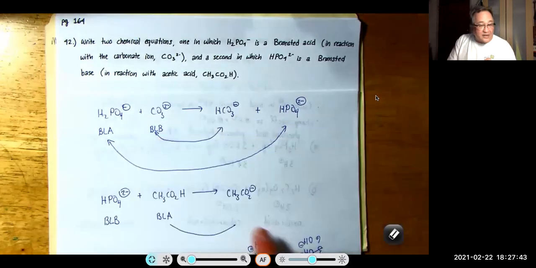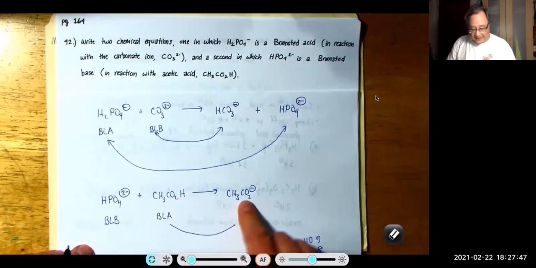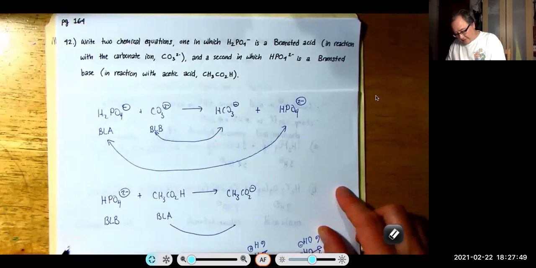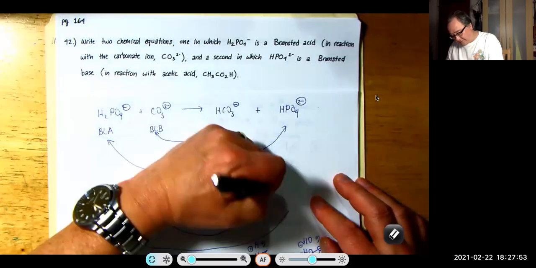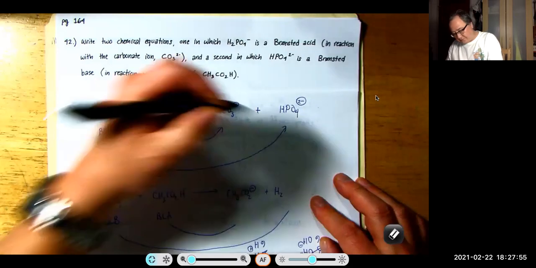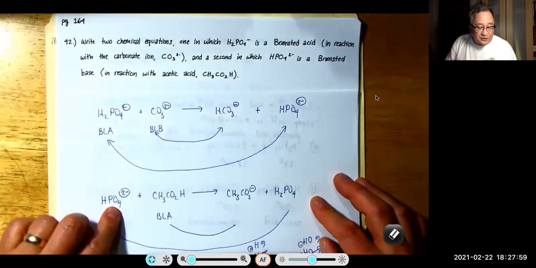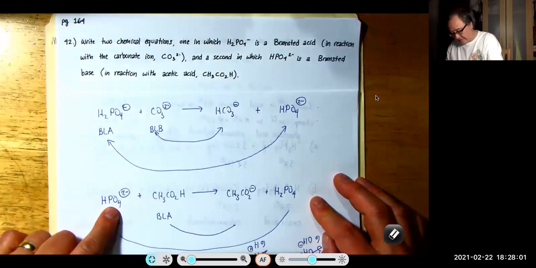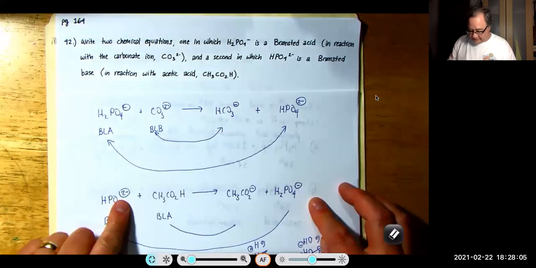And when it gives up that H plus, it becomes CH3CO2 minus, the acetate ion. This guy, on the other hand, is going to pick up that hydrogen. And it's not a hydrogen it's picking up, it's a hydrogen ion. So this is going to become less negative, and there you go.